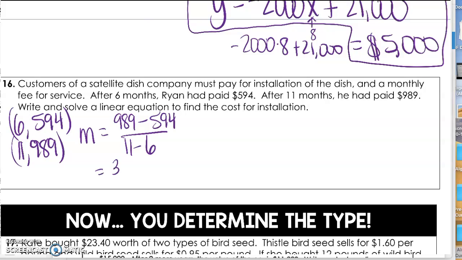So that's $395 over 5, is equal to 79. So remember, we just found the slope, which is the rate. That means it's $79 per month is what you just found out.